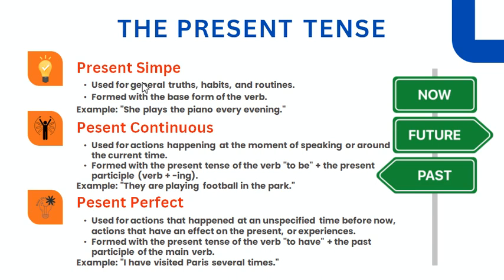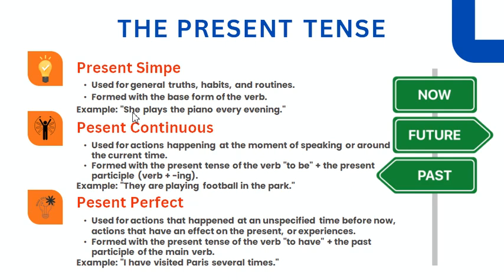One important note: when you use the present simple, if you have he, she, or it, or a third person singular subject, you always add s or es to the verb. For example, you don't say she play, you have to say she plays. The s comes because the subject is she.